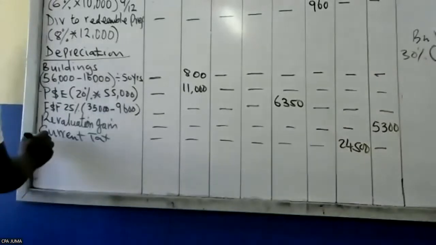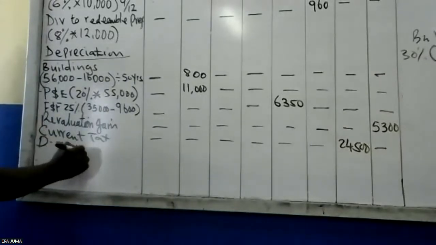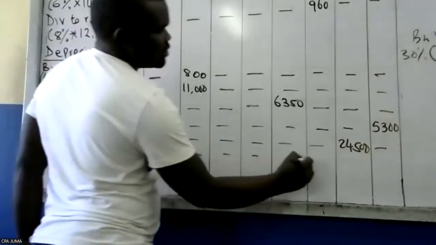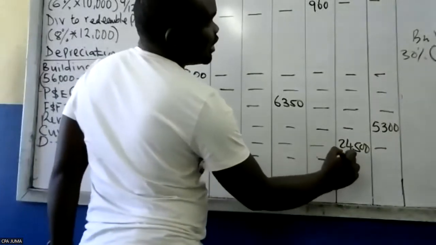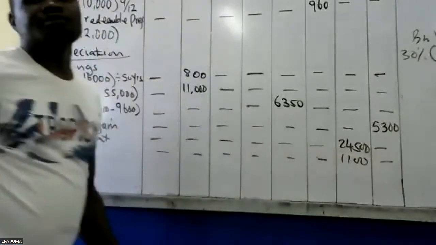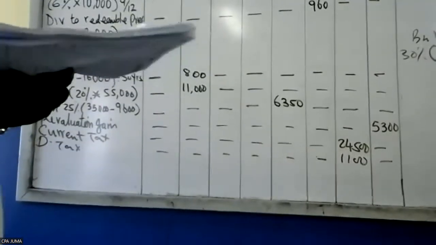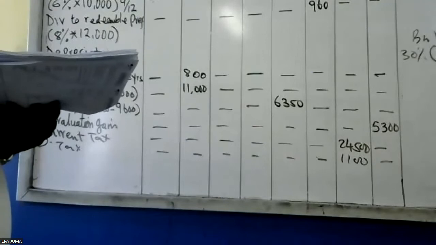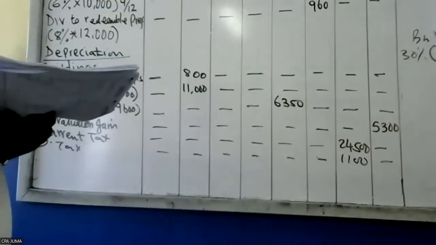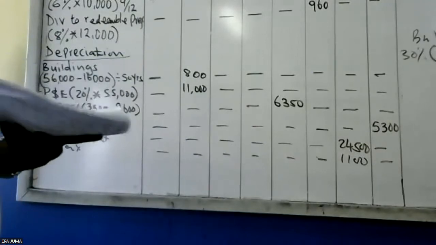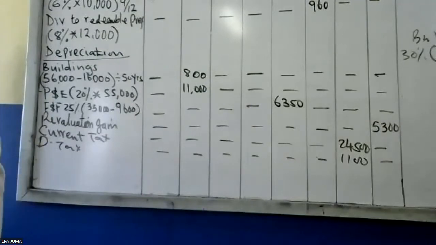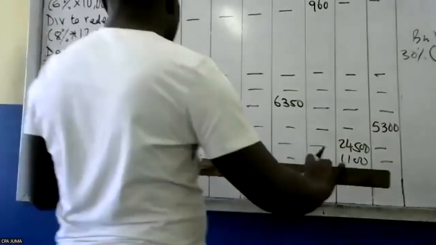You say deferred tax. So under tax, you bring 1,100. We are almost done with the allocation. Number 8. The directors proposed to pay a final dividend. We are done. Question.